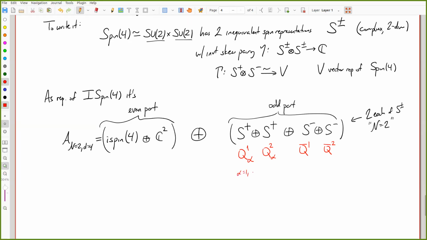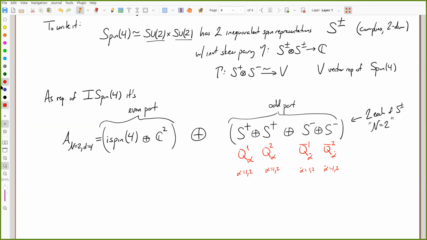So alpha goes from 1 to 2, since S plus is 2-dimensional, so I get 2 generators here. And correspondingly here, I'll have a basis for S minus. So altogether, I've got 8 generators, Q1 alpha, Q2 alpha, Q1 alpha dot, and Q2 alpha dot. So 8 odd generators.